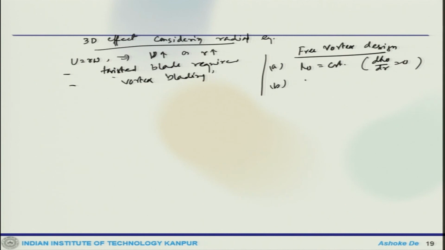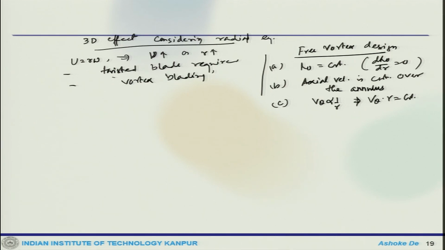B, axial velocity is constant over the annulus, and C, V theta is inversely proportional to radius, or V theta r is constant. So, with this assumption, the radial equilibrium condition is satisfied, and this design is called the free vortex design. Okay.